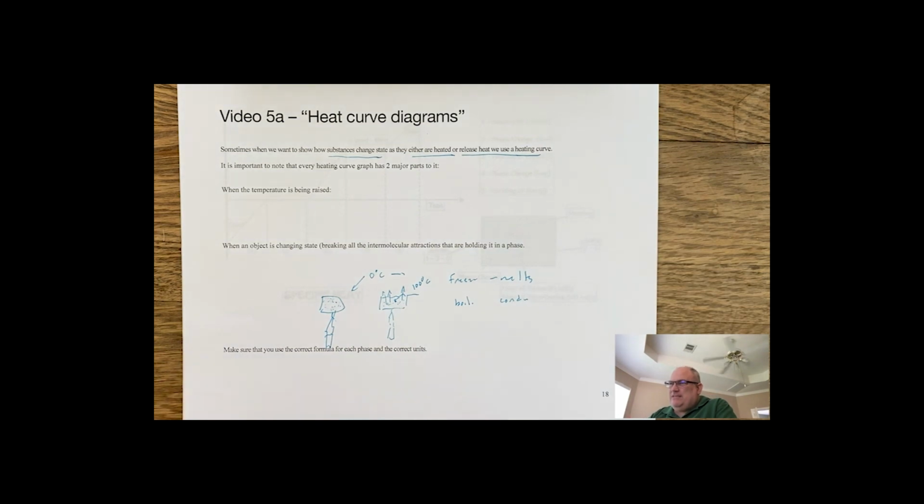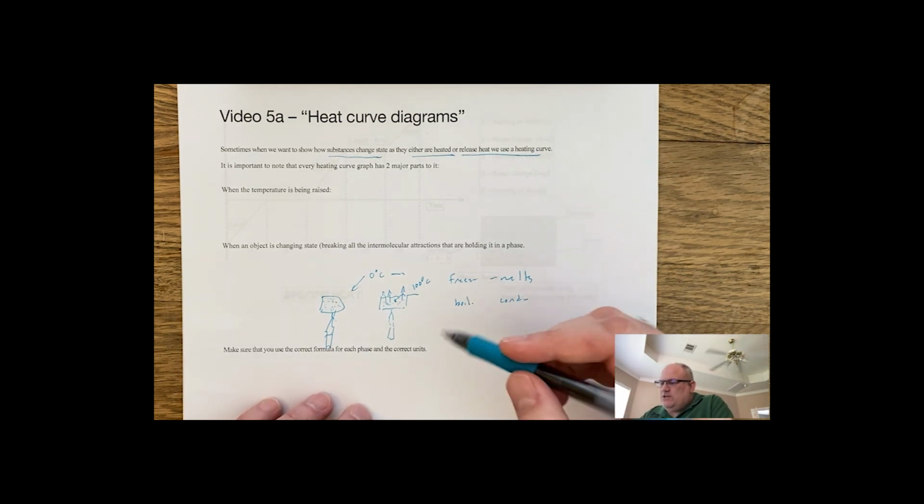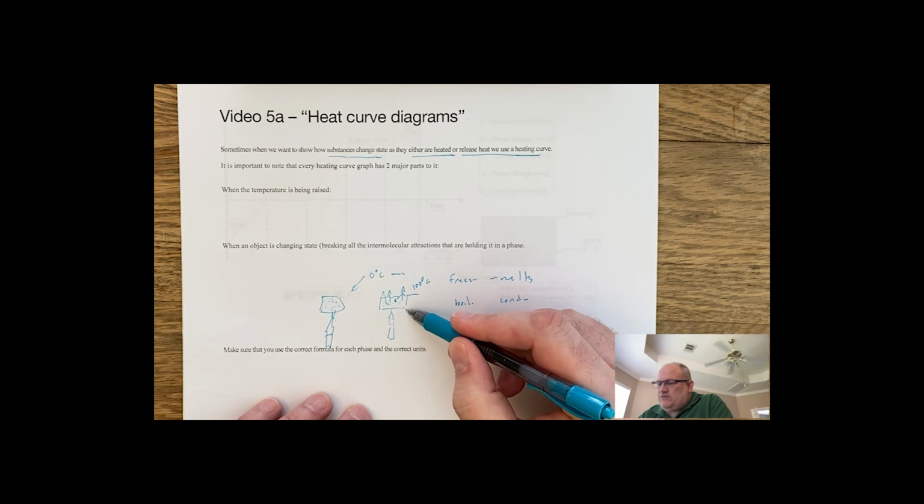But what's really crazy is that you can be heating for a long period of time and not see your temperature increase. Why? Because changes of state require a great deal of energy to break apart intermolecular attractions. It's easy to see when energy is being applied when the temperature changes, because there's a correlation: you add energy and the temperature changes.